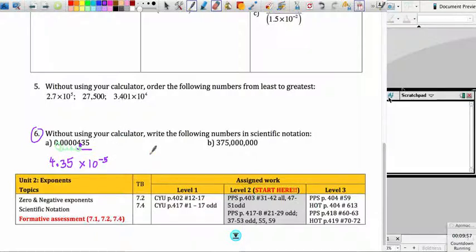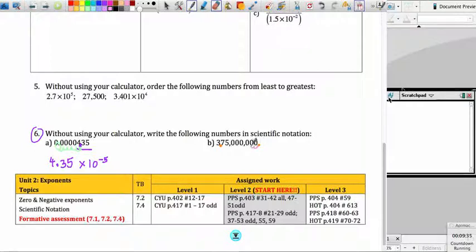Okay, similar approach in this case. The number that I'm after is going to be 3.75. The decimal place is after the last zero, and what I need to do is count the number of places to the left that I have to move the decimal point in order to get to the number 3.75.